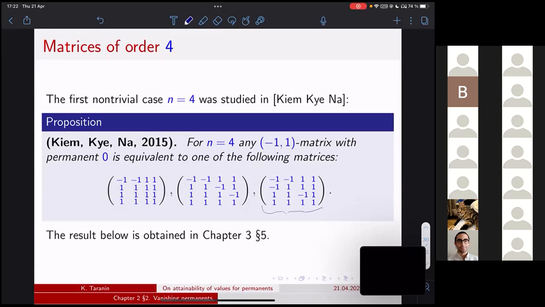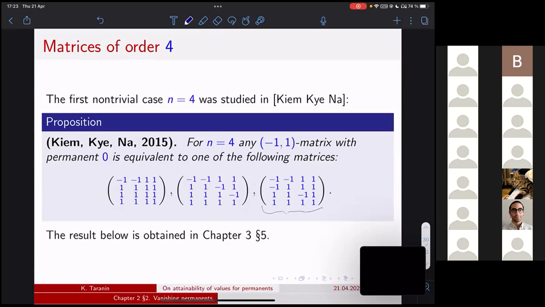How large are the orbits? Well, it's a good question, but they are huge. In general, what is the size of the equivalence group? Permutation of rows is n factorial, permutation of columns is n factorial.